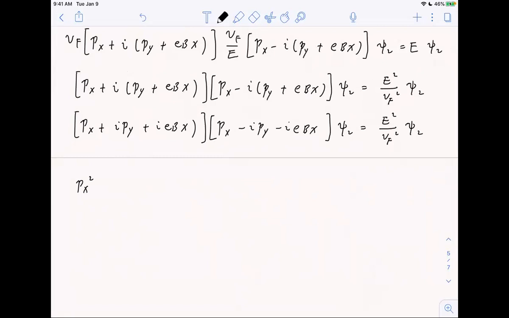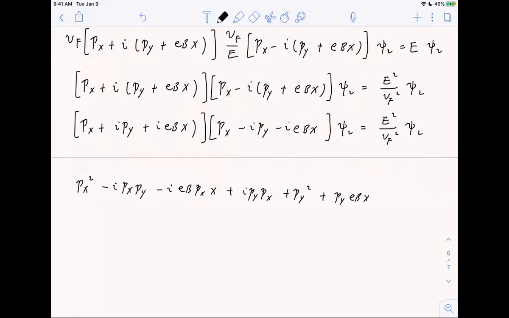Let's just deal with that one by one then. And then negative i eB px x plus i py px. This one and this one, you get py squared. And then this one and this one, you get py eBx.